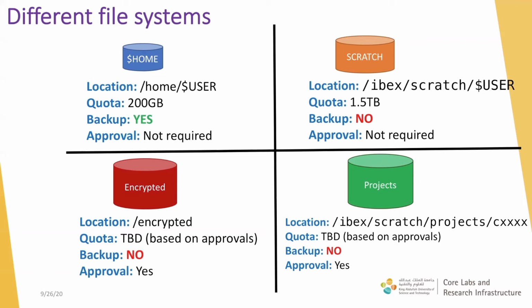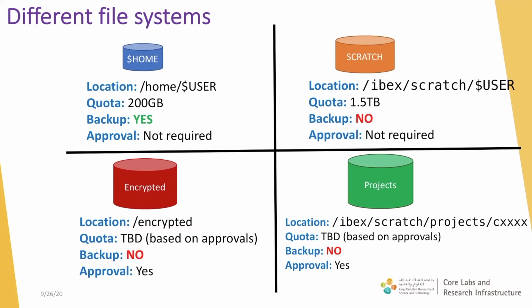The third file system is the project directory. The project directory is located at /ibex/scratch/projects followed by c and some numbers. The c numbers represent a project number for our internal use. This project quota allocation is based on approvals.